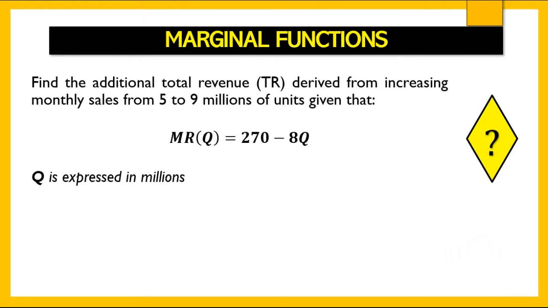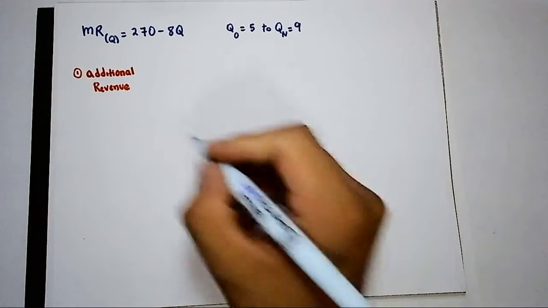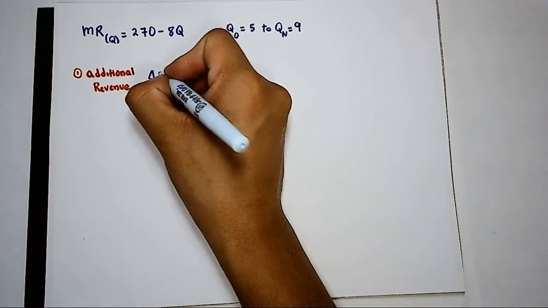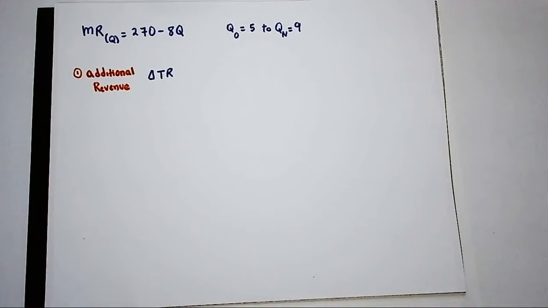In our first problem, we want to find the additional total revenue from increasing monthly sales, given this marginal revenue. In this problem, we want to obtain the additional revenue, in other words, the change in total revenue.